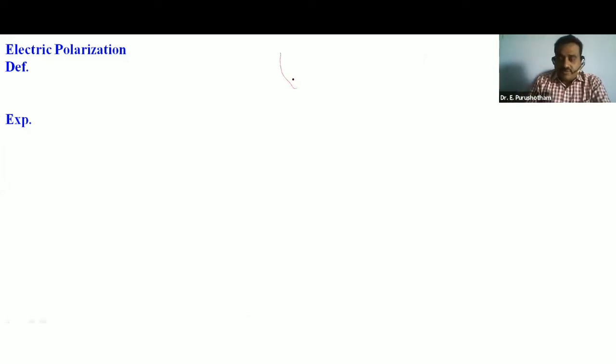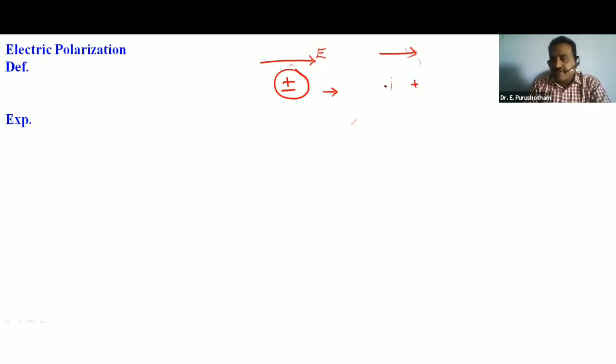For example, I am taking a dielectric material, an insulator. The dielectric material is placed in an electric field E. Then the positive charge moves along the electric field direction and the negative charge moves away from the electric field direction, opposite to it. So this is electric polarization.